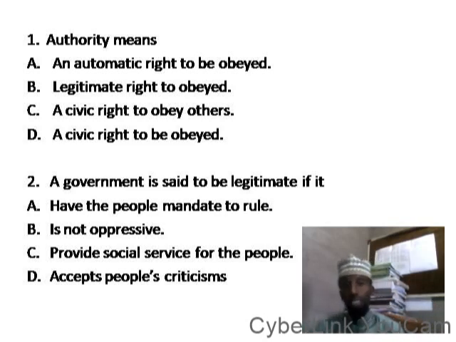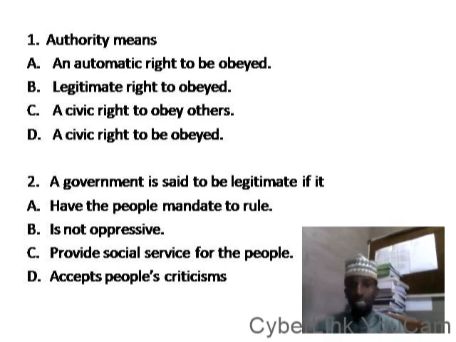Number 2 says, a government is said to be legitimate if it, A, has the people's mandate to rule; B, is not oppressive; C, provides social service for the people; D, accepts people's criticism.